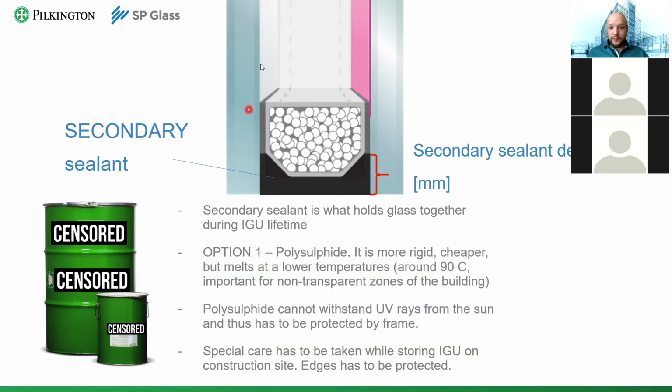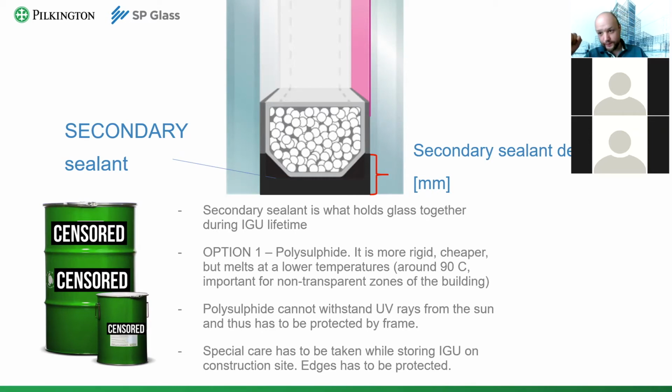So on the project, it should be covered with aluminum profile from the outside, something like this, so the solar rays cannot pierce through. But it should also be protected while the IG units are not installed.